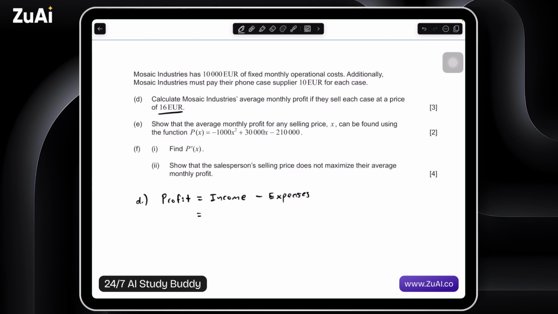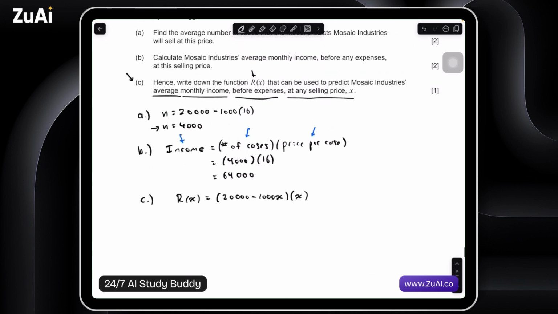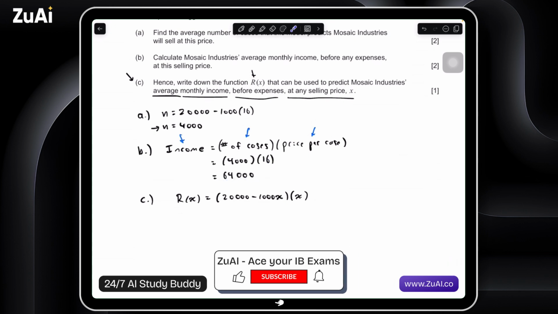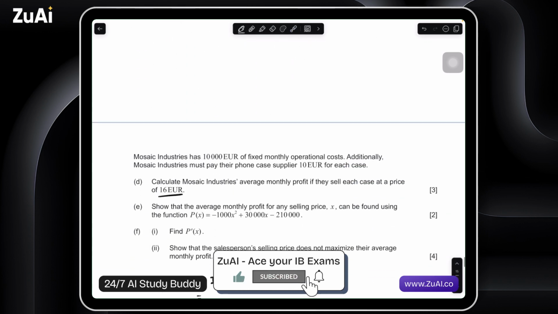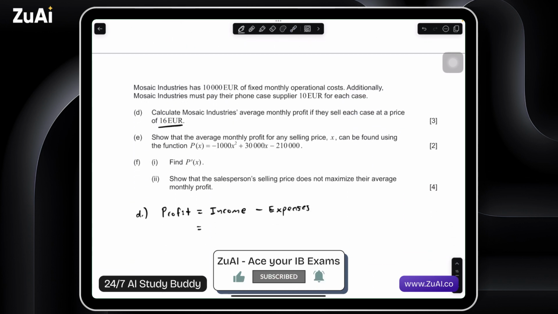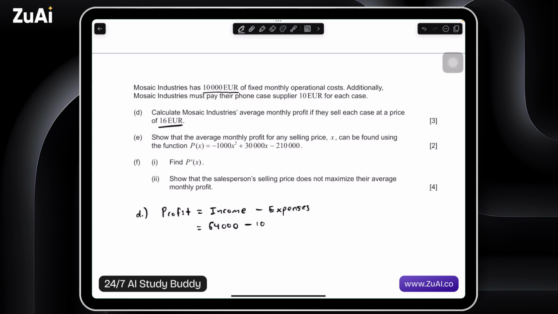Earlier on we found out the income at 16 euros a case was 64,000 in income or gross revenue. So 64,000, minus the 10,000 euros in overhead cost, in warehousing or something like that, maybe labor and so on.